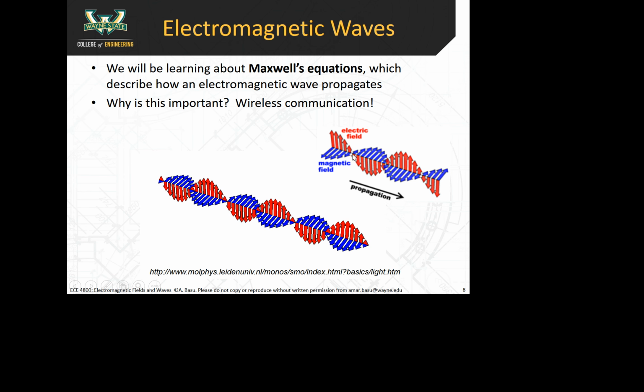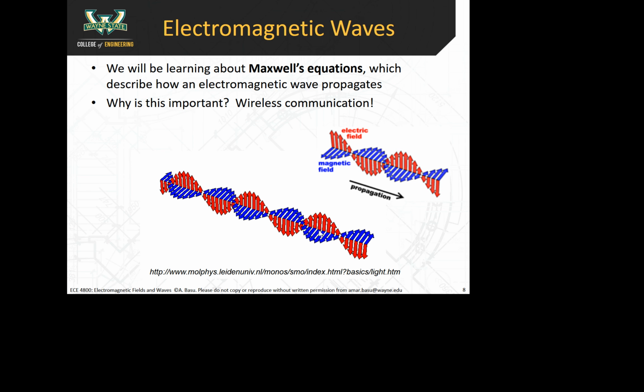So where my mouse is, from here to here, that's one wavelength. Also, these waves have a certain frequency associated with them. If I'm standing at this point in space where my mouse is right now, how many periods of these waves go by that point per unit time? That's the frequency of the electromagnetic wave.